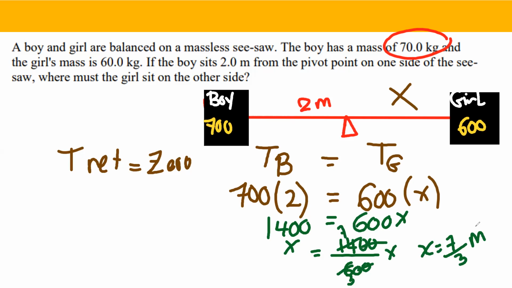In decimals, the girl must sit at 2.3 meters in order to get balanced with the boy. Is it clear? Yes, teacher.